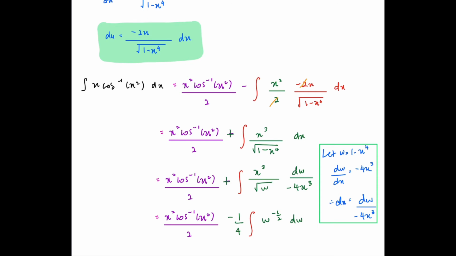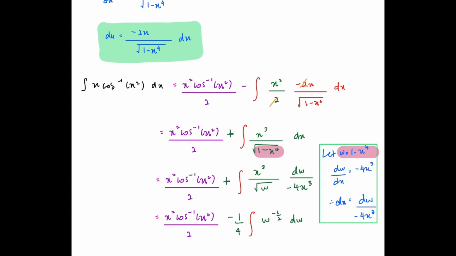So now we need to further integrate this. We need to use substitution method. Focus on the function inside your square root here. So let w be equal to 1 minus x to the power of 4. Let's further differentiate, dw over dx is equal to minus 4x cubed. Therefore, we can find dx.